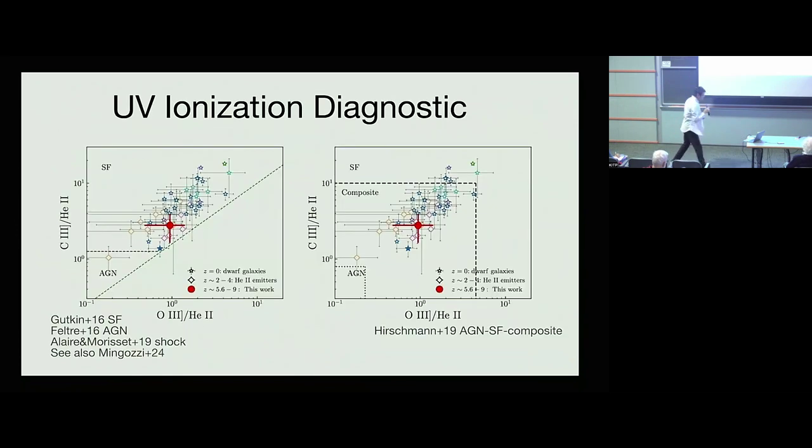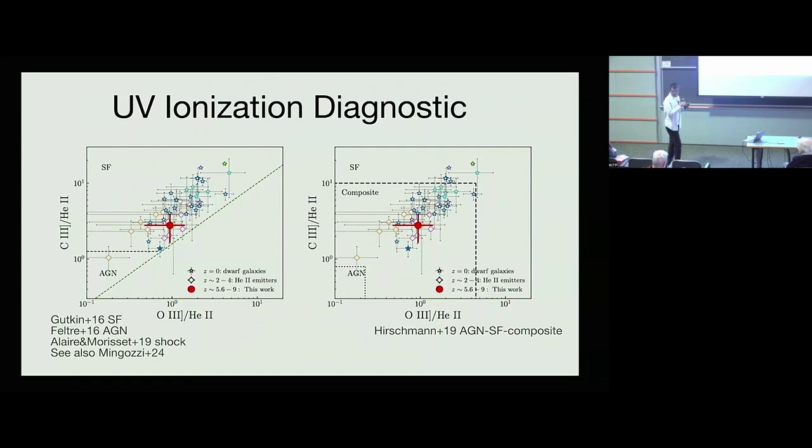We also, based on this observation of UV lines, studied the ionization diagnostics. There are a lot of diagnostic diagrams in the UV range that have been proposed. We show carbon III] to helium II, and oxygen III] to helium II as examples. The dashed lines here show the line separators between different ionization sources.